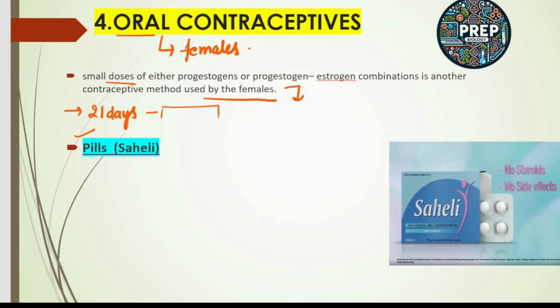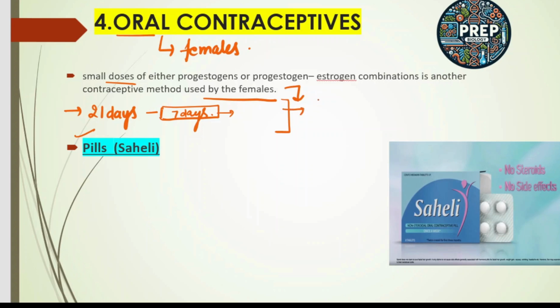Then, during the menstruation period, for 7 days these pills are skipped, and after 7 days it is repeated in the same pattern to prevent conception. The time period for the pills is also very important.